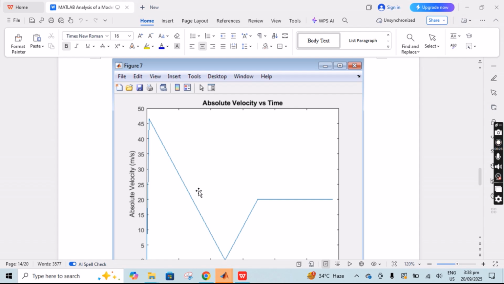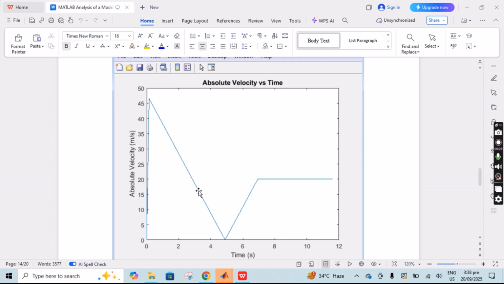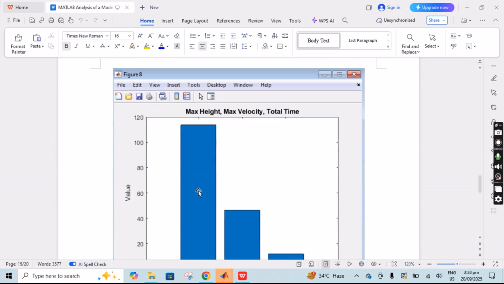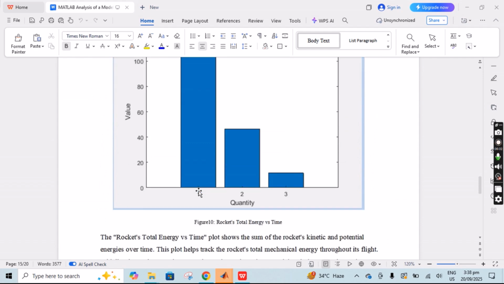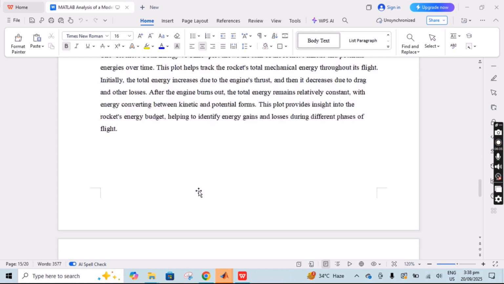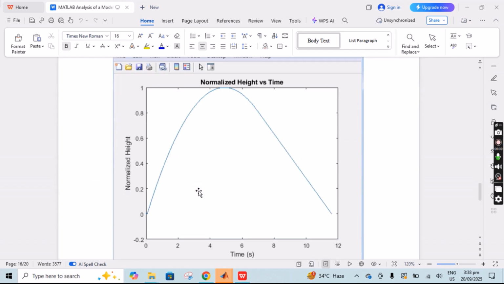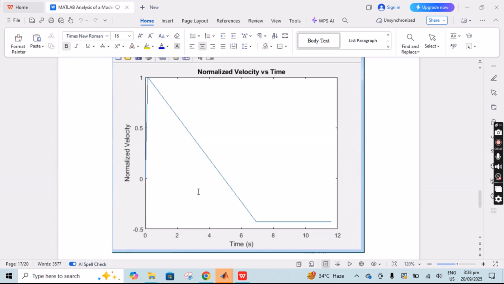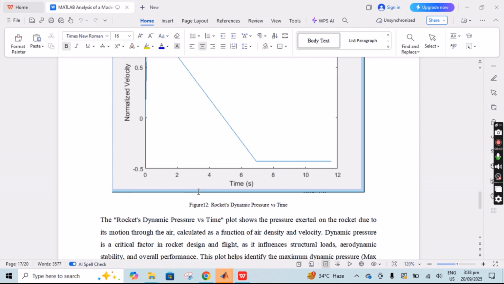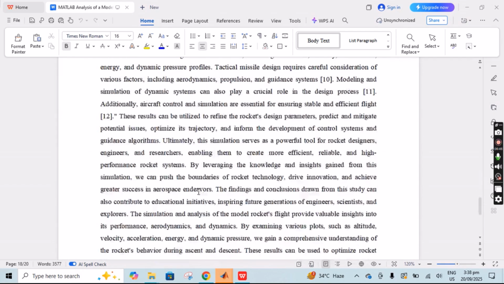So this provides us the absolute velocity versus time and the maximum height, maximum velocity, and total time. So yes, this one is a normal height versus time. Then rocket dynamics, pressure versus time, and the conclusion as well.